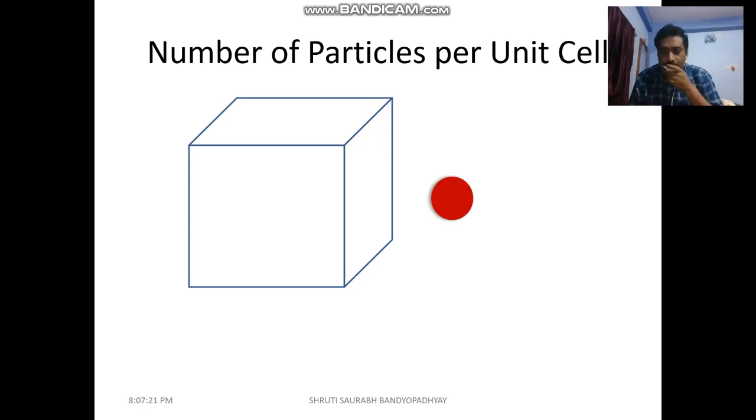What about the body centered unit cell? We have learnt about body centered unit cells. The spherical particle as a whole will be present at the center of the unit cell. That is, it is sharing its full volume with one unit cell.